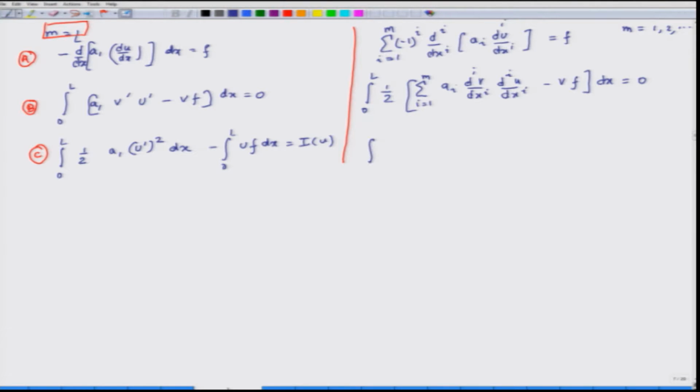And the associated quadratic functional is the integral from 0 to L of half, the sum over i equals 1 to m of a i, d i u over dx i, the whole thing squared, dx, minus the integral from 0 to L of u f dx, is equal to I of u.